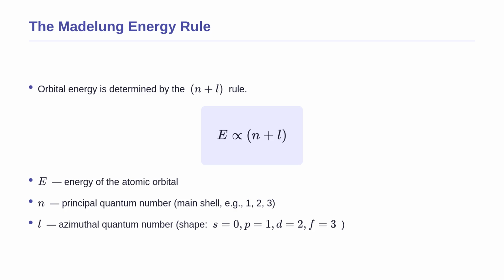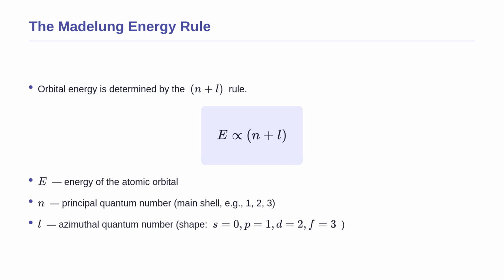This brings us to an important question. How do we actually know which orbital has the lowest energy? We use a mathematical guideline called the N plus L rule, sometimes known as Madelung's rule. Conceptually, this formula estimates the energy of an orbital based on its distance from the nucleus and its shape.